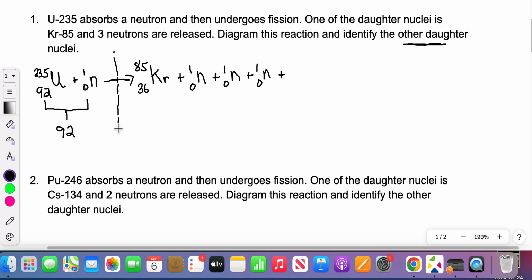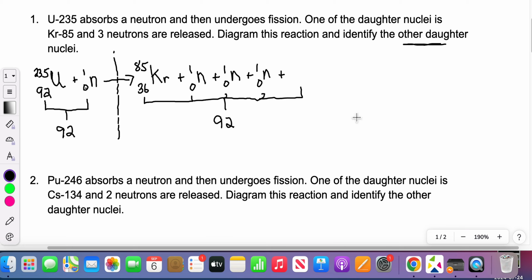All right? So the bottom numbers on the left side of the arrow have to equal the bottom numbers on the right side of the arrow. So we could add 36 plus 0 plus 0 plus 0 plus some other number that we don't know yet. But once we know that number, if we have the right number, and if we add all those together, it's going to equal 92.